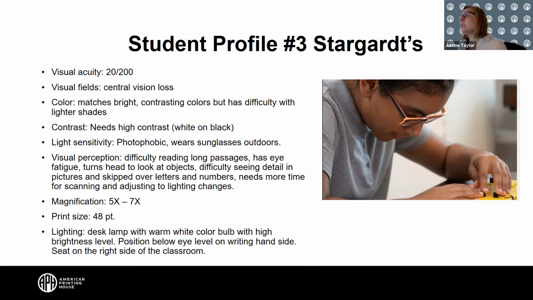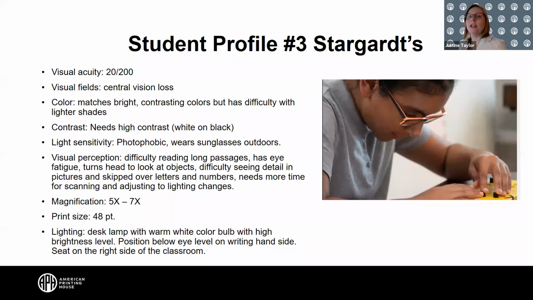So the condition is hereditary and progressive, and people with Stargardt's lose their central vision. And they also frequently experience difficulties with photophobia and adjusting to changes in lighting conditions. And they usually retain their peripheral or side vision.